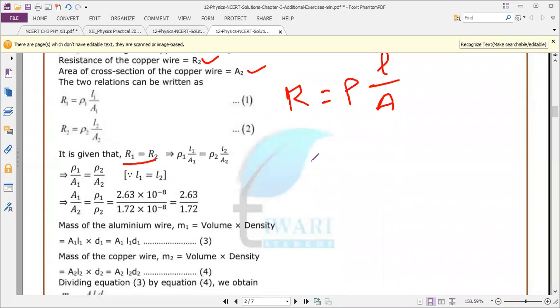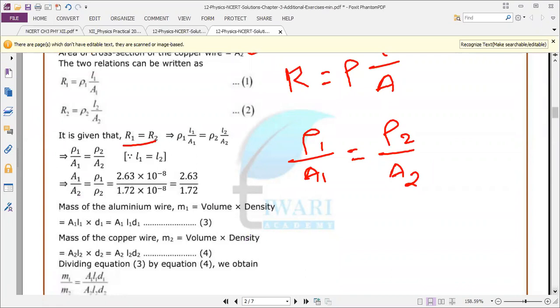So only the variables are resistivity and area. So rho 1 divided by A1 equals rho 2 divided by A2. So A1 by A2 is equal to the given rho 1 by rho 2. Now do the simplification and take notes.